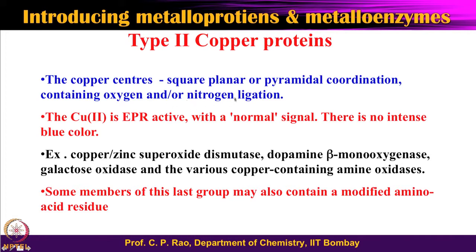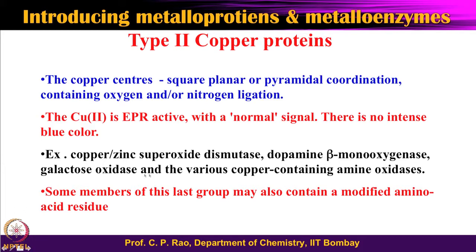Since no thio group is involved, there is no charge transfer, and therefore there is no blue color. So, these are non-blue copper oxidases. The copper 2 is EPR active with a normal signal and there is no intense blue color at all. Examples: copper zinc superoxide dismutase, dopamine monooxygenase, galactose.